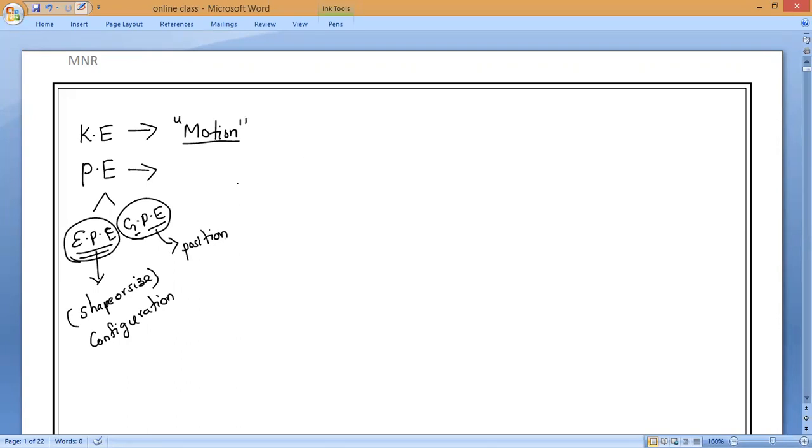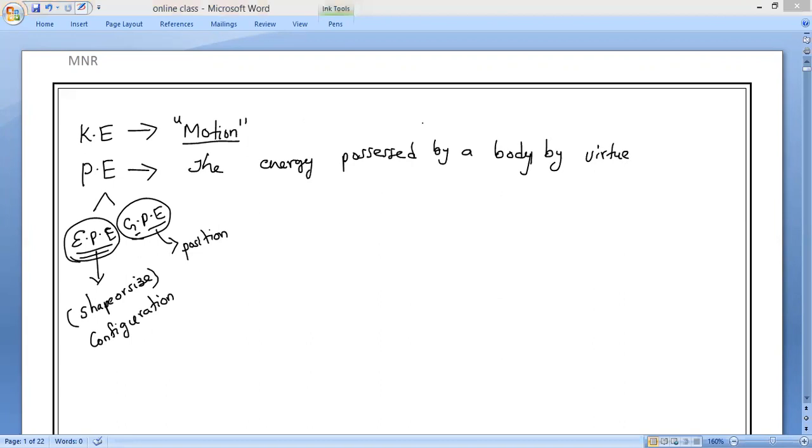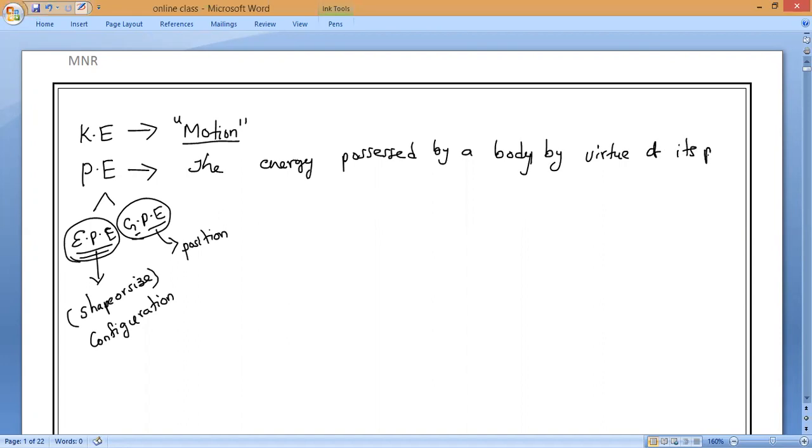So potential energy means the energy possessed by a body. Definition, very, very important: the energy possessed by a body by virtue of its position or configuration. By virtue of its motion means kinetic energy. By virtue of its position, this is very, very important, or configuration.